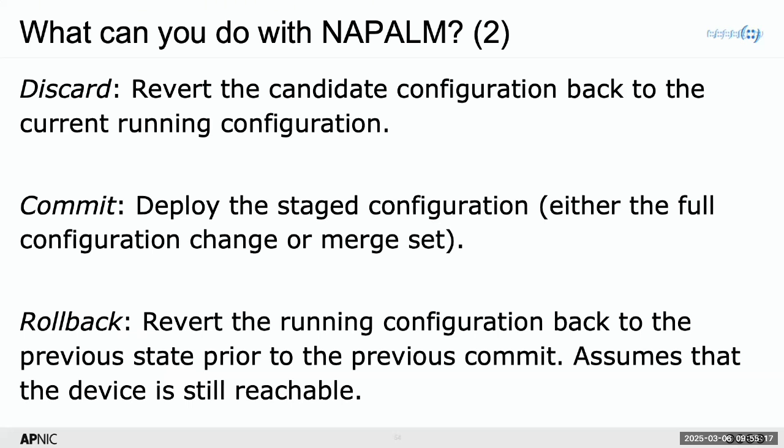Even if the device does not support it, NAPALM can have its own way of testing the configuration based on the existing configuration, and then give us the information if there are any errors, but if we want to roll back, we can roll back the configuration as well.